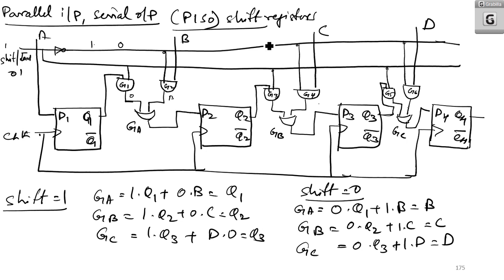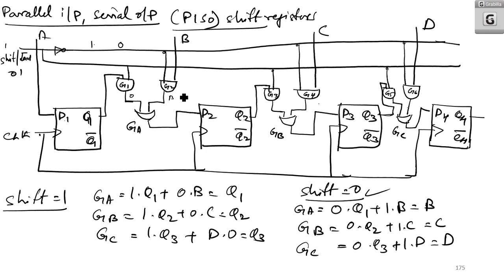That means when shift is equal to 0, it will work in parallel input mode, and when shift is equal to 1, it will work in serial output mode. So here initially shift is made 0, so that ABCD are fed in as D1, D2, D3 and D4.